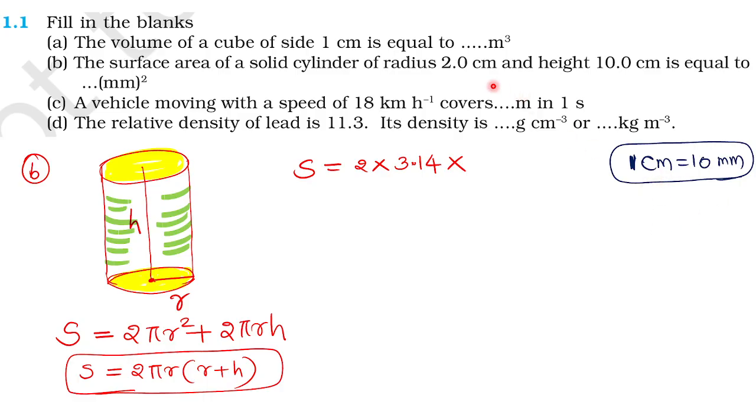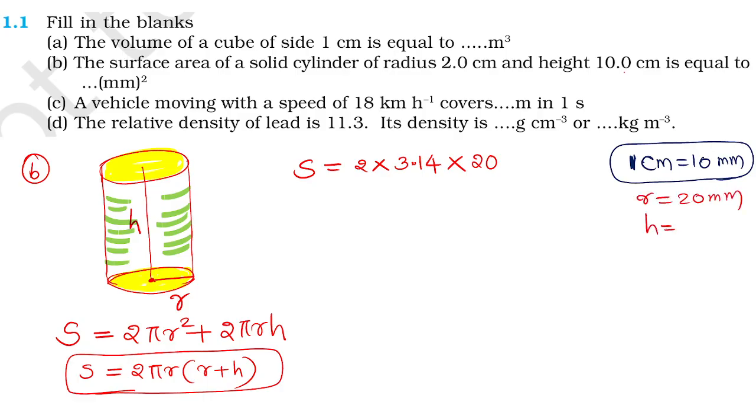So 2 centimeter will be 2 into 10 millimeter. Multiplying with 10, you will get millimeter. So 2 centimeter is 20 millimeter. Let me write here r equal to 20 millimeter.